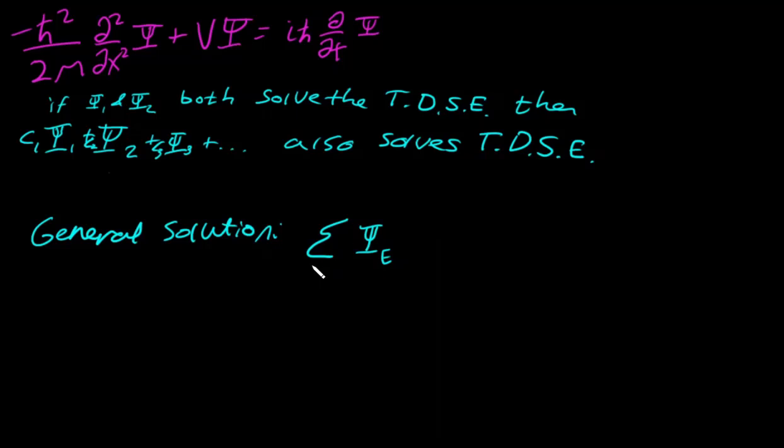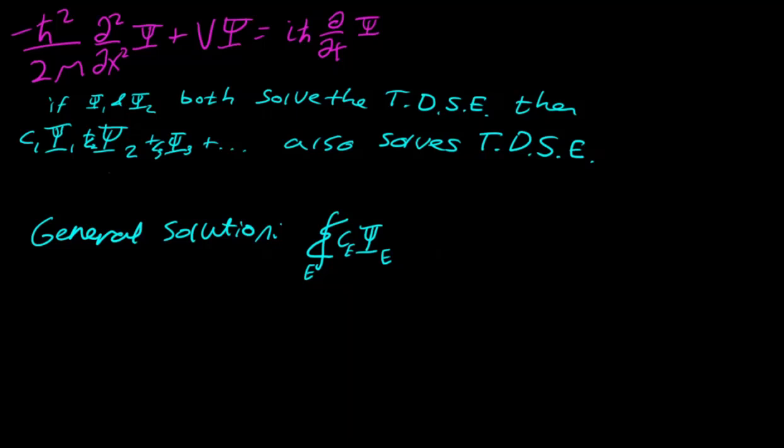So this is a sum over all possible energies. You could do sort of a sum or integral here of the functions with a definite energy, and then there's a constant out front. So a linear combination, some kind of superposition of the functions with a definite energy, those solutions form the general solutions to the time-dependent Schrodinger equation.